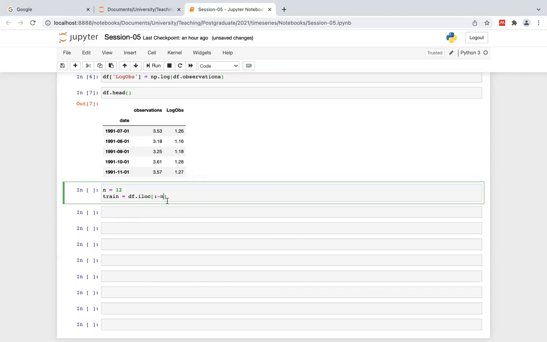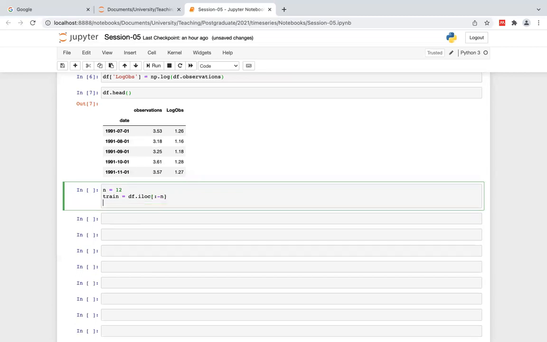Then for the test, I copy the same code here, and instead of this side, I put from here to the rest of it, which is actually 12.